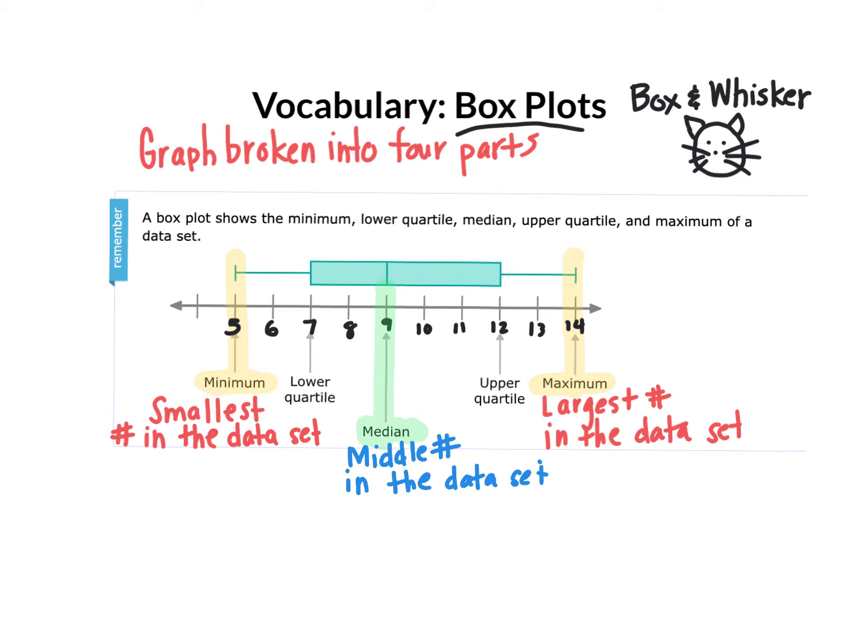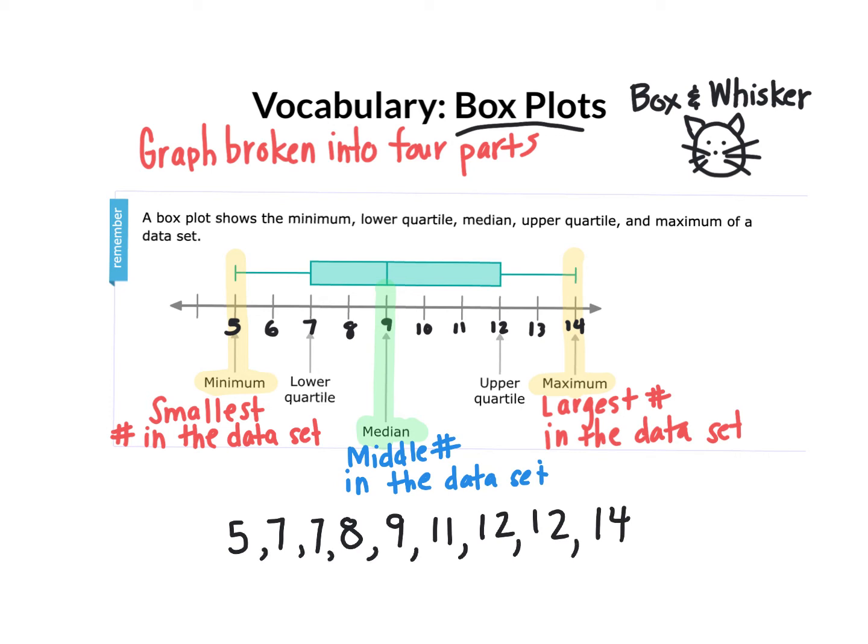See if I can do this off the top of my head. And you have like 5, 7, 7, and 8. And then you have a 9. And then you have an 11. And maybe 2 12s and a 14, something like that. Okay? So say for instance you have this data set. Go ahead and write this data set down.